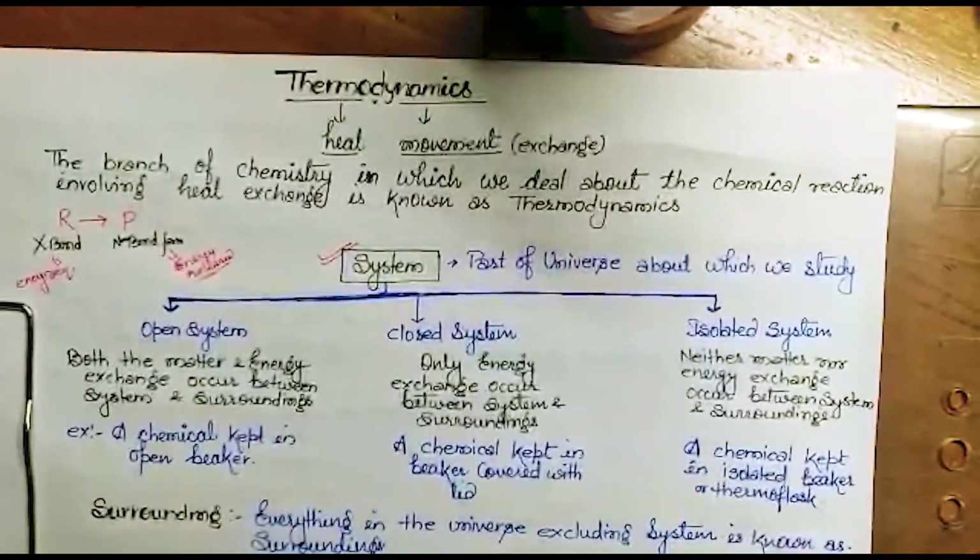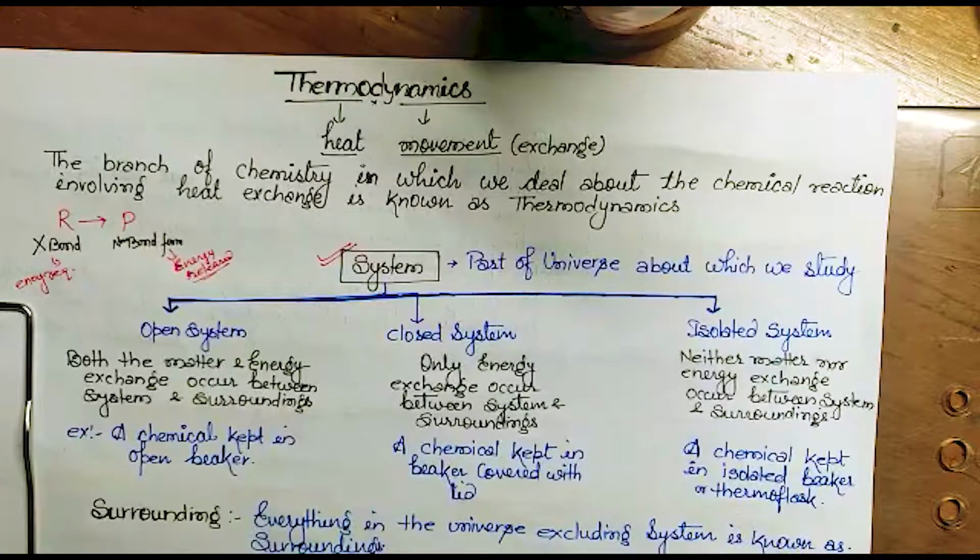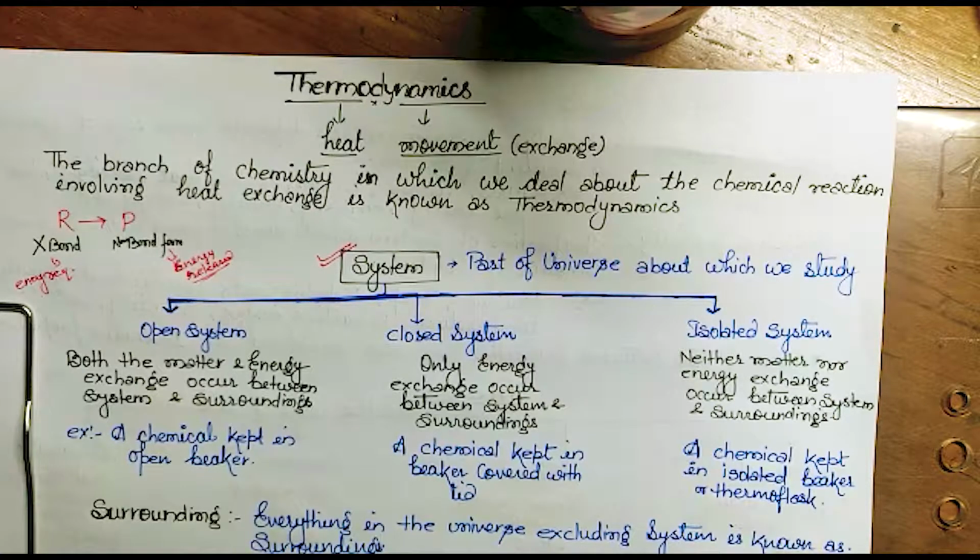The universe is all of that, and out of it the one part about which you are going to study, a chemical reaction, a beaker, a chemical, whatever, is considered a system for you, and all the parts around the system will be considered as what?